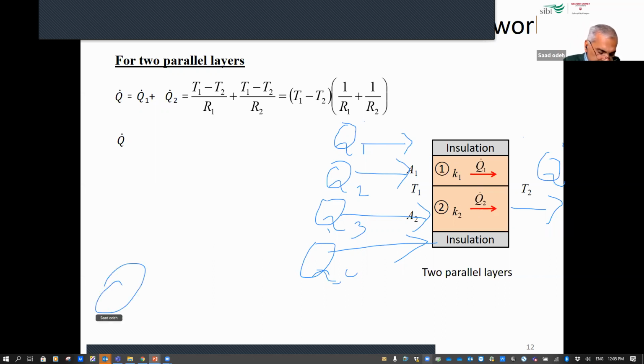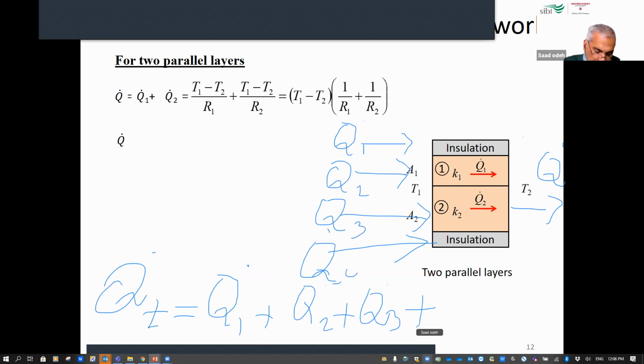So Q total at the end, the total Q dot here, is not equal to Q1. It's actually the summation of all these Qs, Q1 plus Q2 plus Q3 plus Q4. Okay.